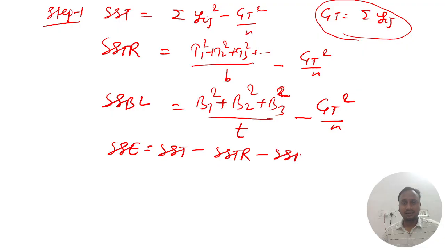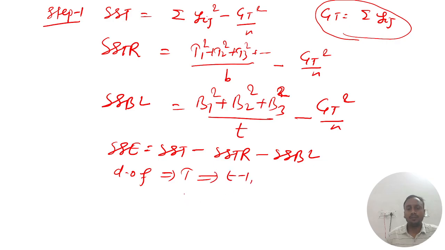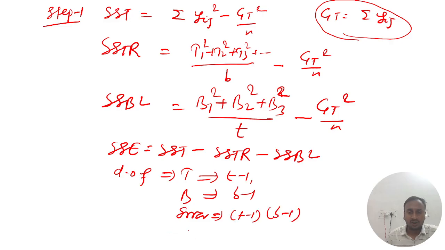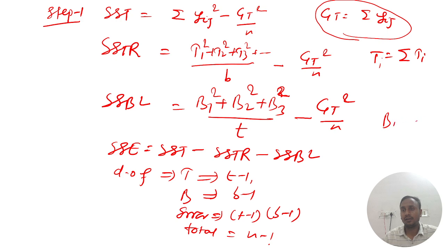SSTR minus SSBL. After that, we have to calculate the degrees of freedom. For treatment it will be T minus 1. For the block, it will be B minus 1. Error is T minus 1 into B minus 1. Total is N minus 1. So here T is the summation of Ti and here B is the summation of Bi, the block one.